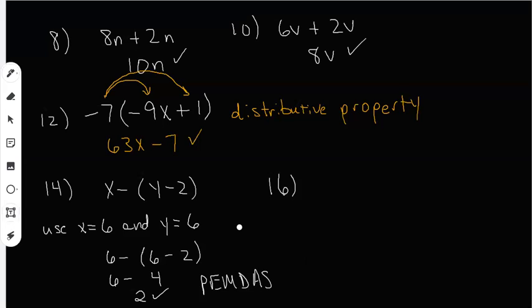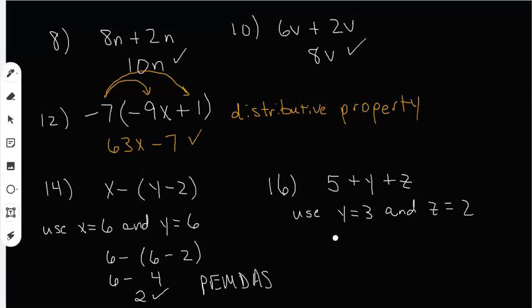Let's look at 16. 16 is 5 plus y plus z. And it tells us to use y equals 3 and z equals 2. So those are the numbers that we're going to use for the variables. All I'm going to do is replace the variables with the numbers that they give me.